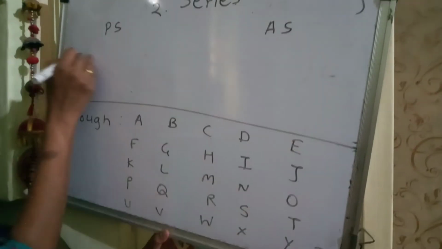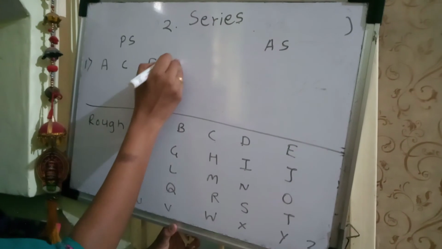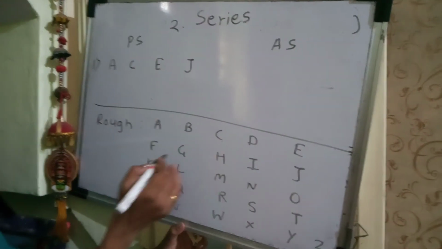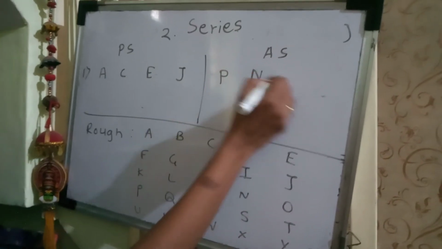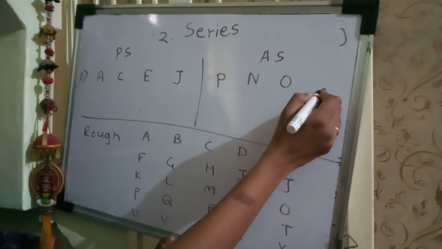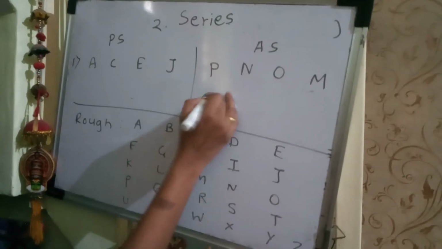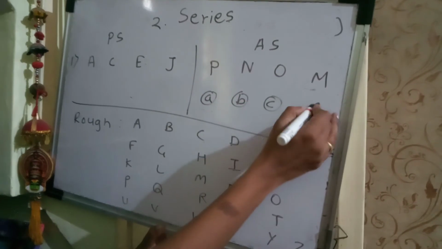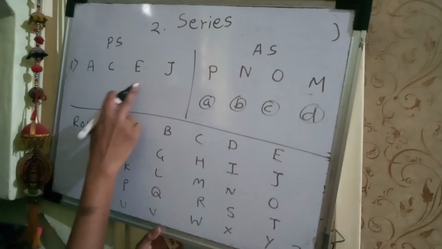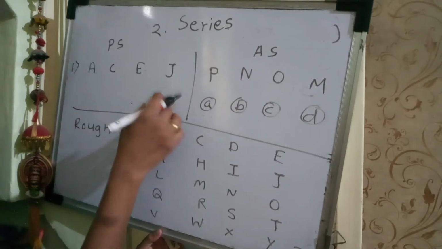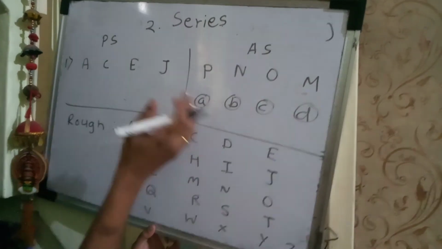In the problem set it is given A, C, E, J, and in the answer set P, N, O, M, A, B, C, D. Okay, it means we have to find out after J which alphabet will come in the series.